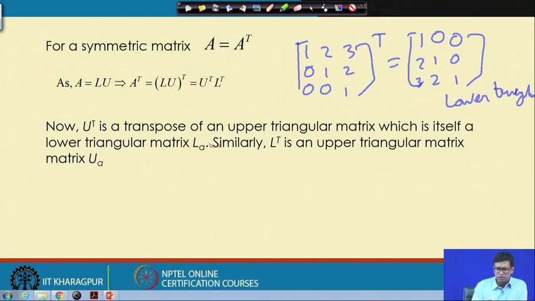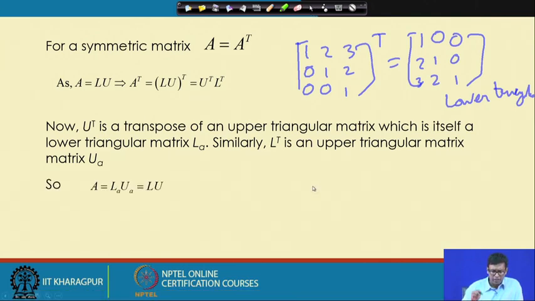So, U transpose is the transpose of an upper triangular matrix, which is itself a lower triangular matrix, say LA. Similarly, L transpose is also an upper triangular matrix, say UA. So, we can write A is equal to U transpose L transpose, now LA UA, and A is also equal to LU.